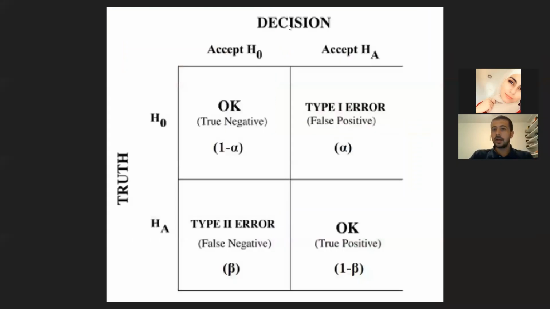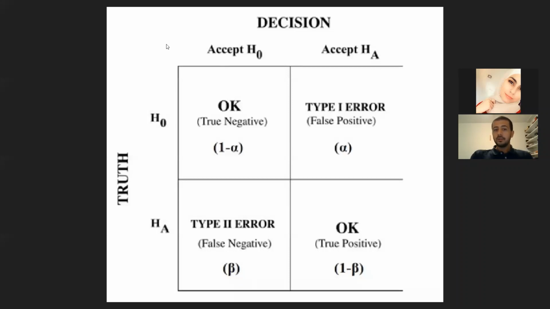Okay, then I have my decision and I have the truth. Not being able to reject the null hypothesis means accepting the null hypothesis. The null hypothesis is H0, the alternative hypothesis is HA. Accepting the alternative hypothesis means being able to reject the null hypothesis and accepting the alternative hypothesis.